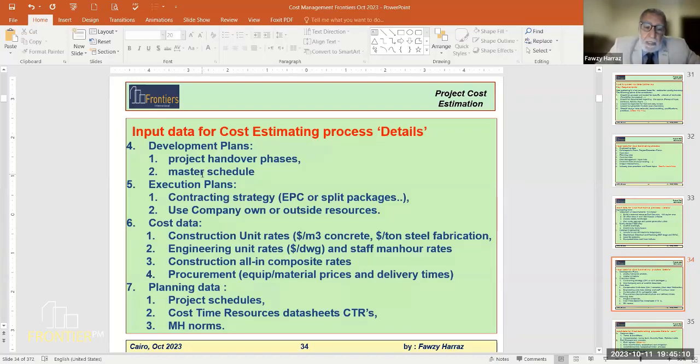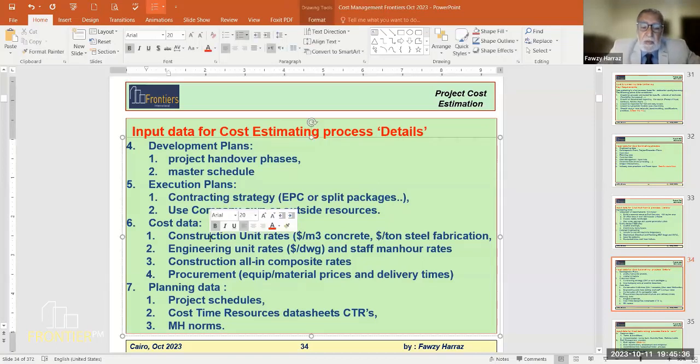Planning data, project schedule, cost, time, resource data sheets, CTRs, and man-hour norms. Cost, time, resource data sheets. Actually, I used to do this long time ago when I was a planner, and this actually is very useful to control the costs and define the scope very well and qualify the numbers.